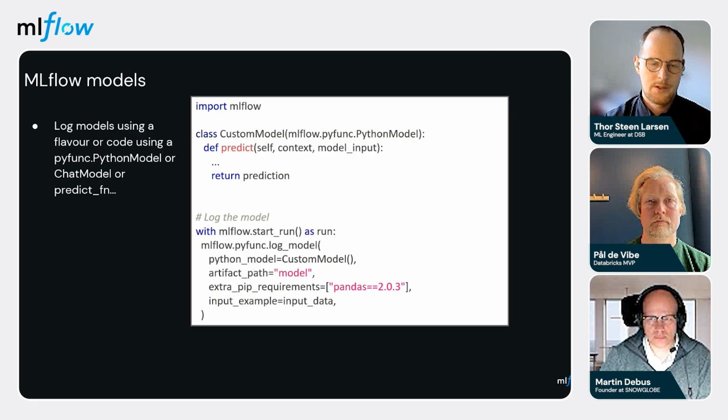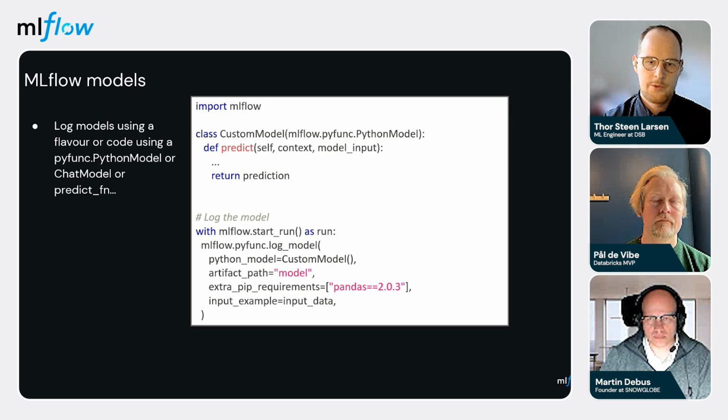And the prediction needs to fill some kind of tensor schema. There are also some chat models you can use. You can also just have a predict method which you can log. So there are different kinds of options.